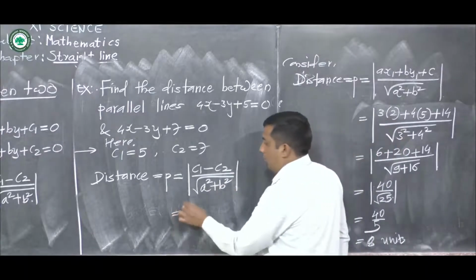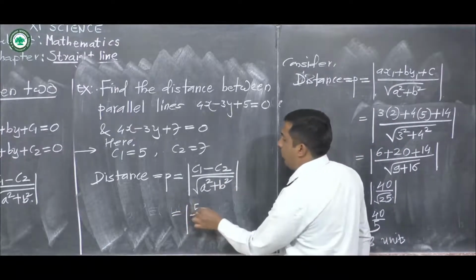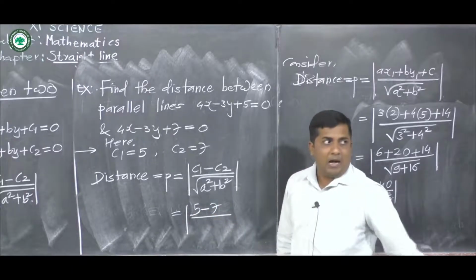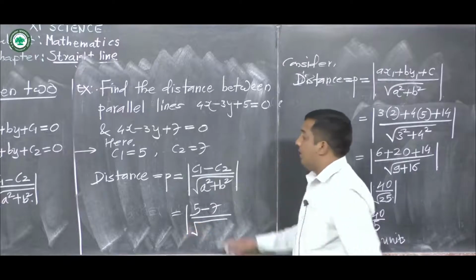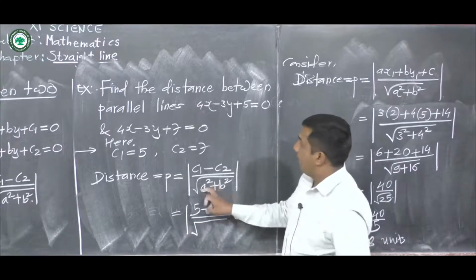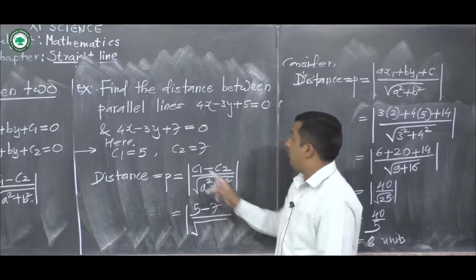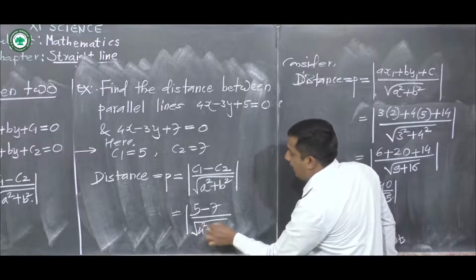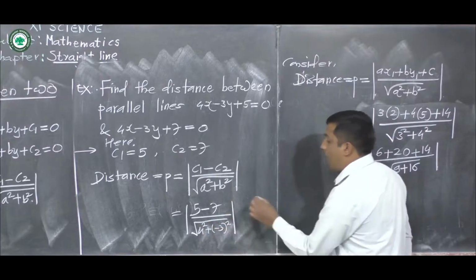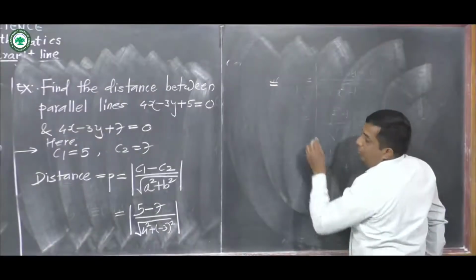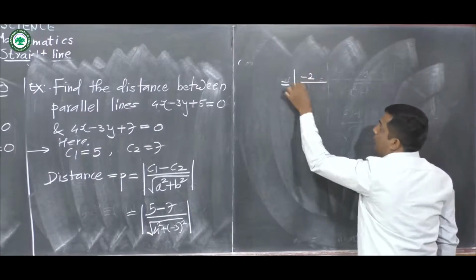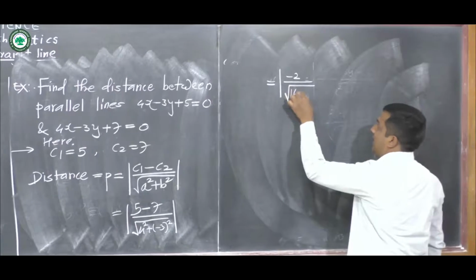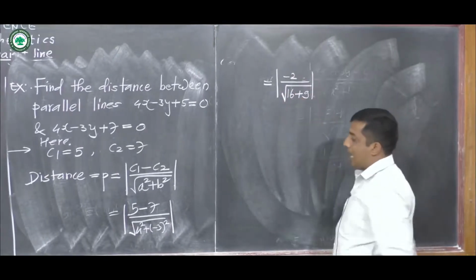This is equal to, we know c1 is 5 minus c2 is 7, divided by, inside the square root, a square plus b square. Remember here a is 4 and b is minus 3. So 4 square plus minus 3 square. This is equal to 5 minus 7, which is minus 2, divided by square root of 4 square is 16 plus 3 square is 9.